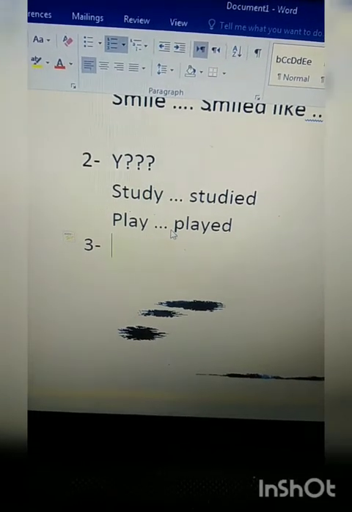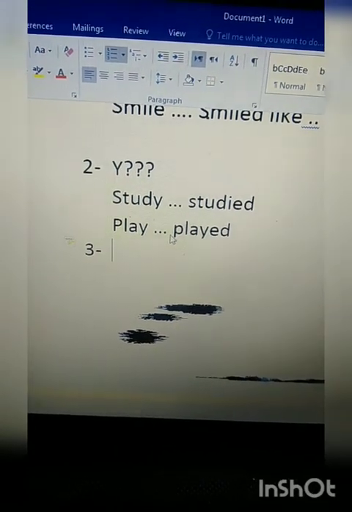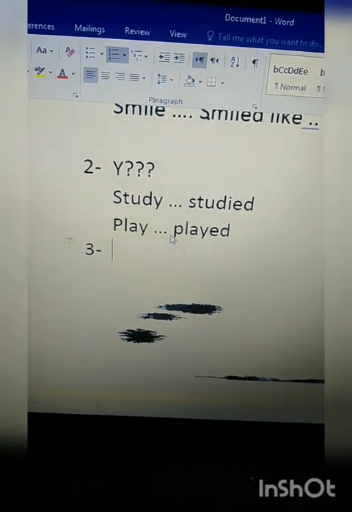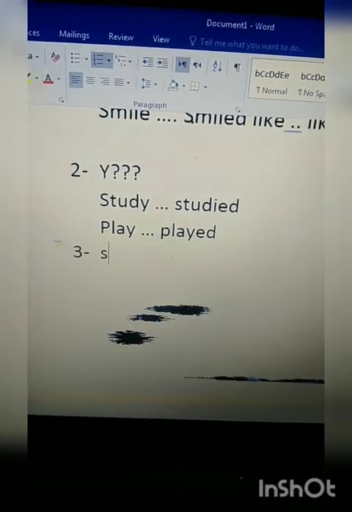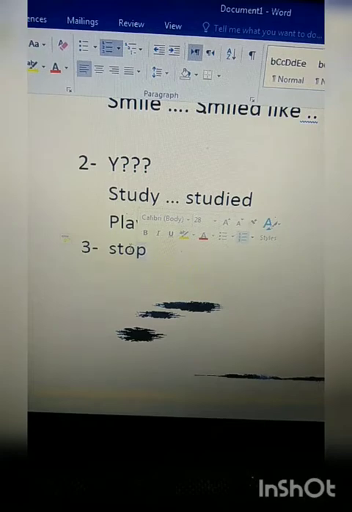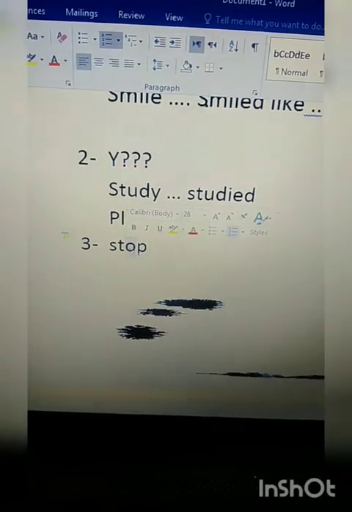The third situation: if the verb ends with a single consonant and the letter before the last is a single vowel, such as the verb stop. The letter P is a single consonant. The letter O is a single vowel.